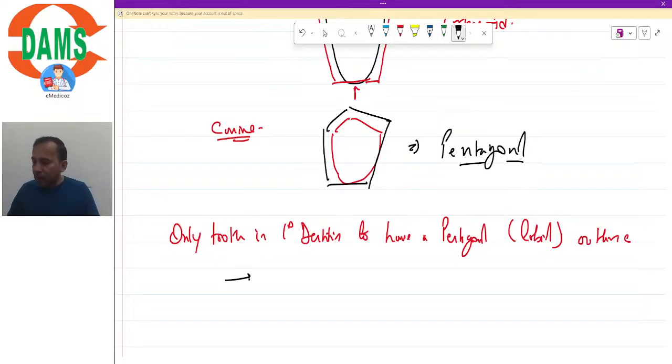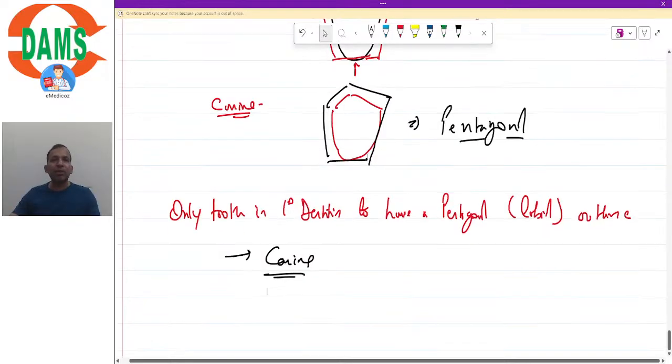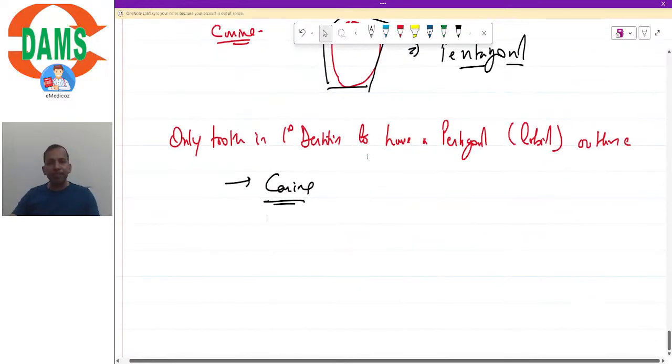The answer would be canine. But in case of permanent, it is not just the canine, even the premolars have a pentagonal outline, right? So in case of deciduous, it is exclusively canine, but in case of permanent, canine in anteriors, premolars in posteriors, right?